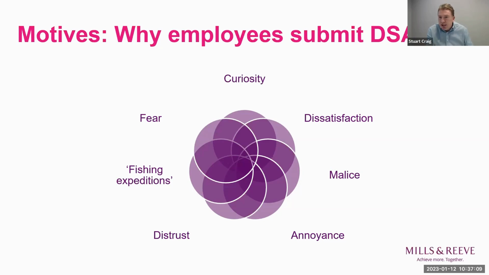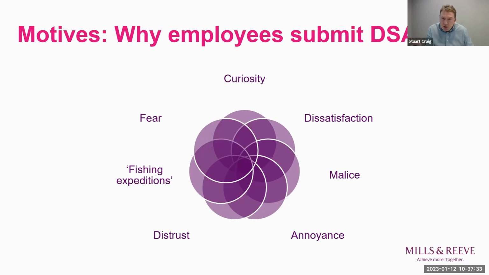The more appropriate forum to obtain the documents, and one which protects them from being misused, is the court procedure for pre-action disclosure. Whether you'll be able to rely on that approach obviously depends on how the subject access request is phrased.